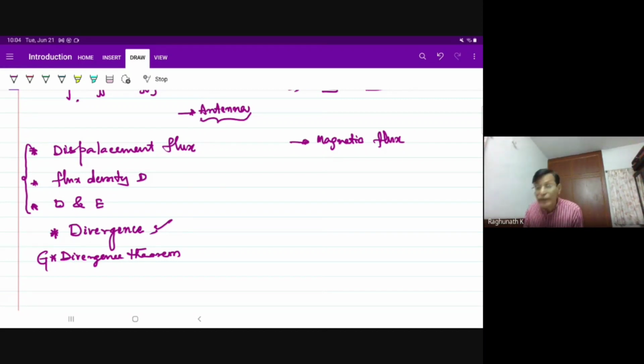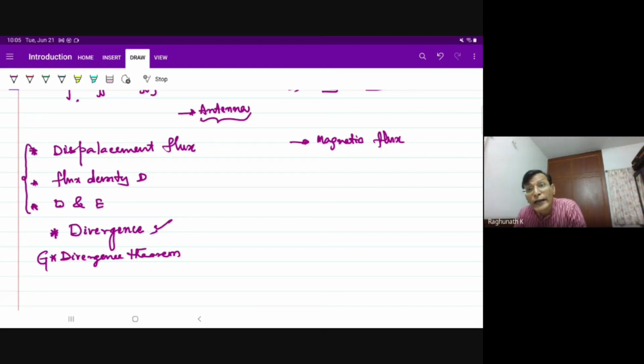And this Gauss divergence theorem, if you can properly use it, gives a lot of mathematical advantage to us. You are supposed to evaluate, let us say, the surface integral of a quantity over a closed surface.